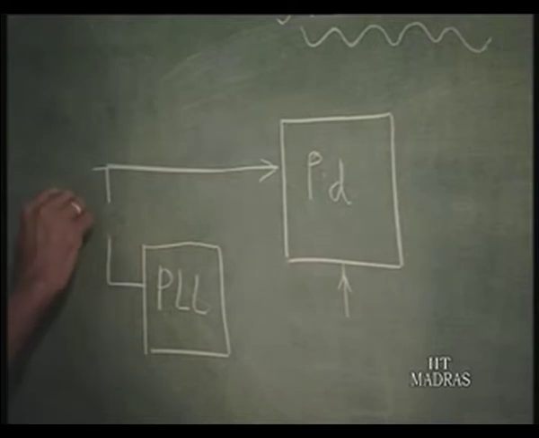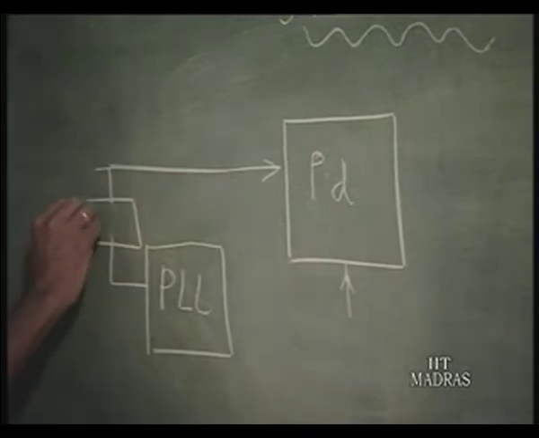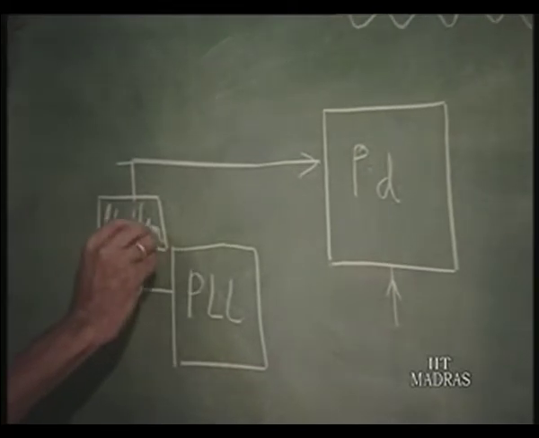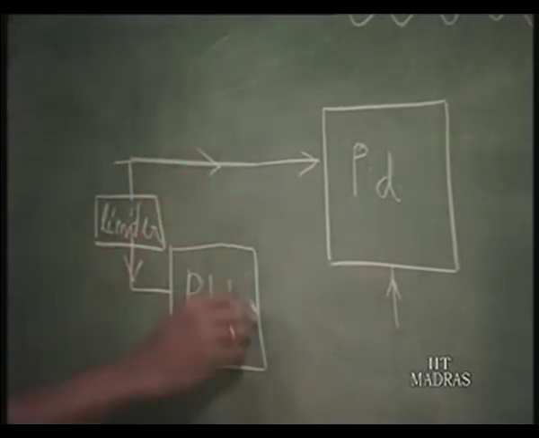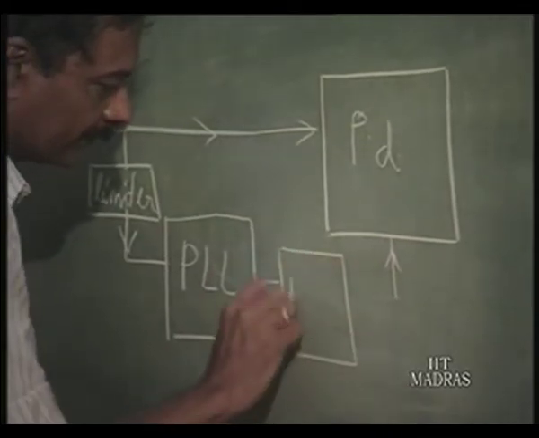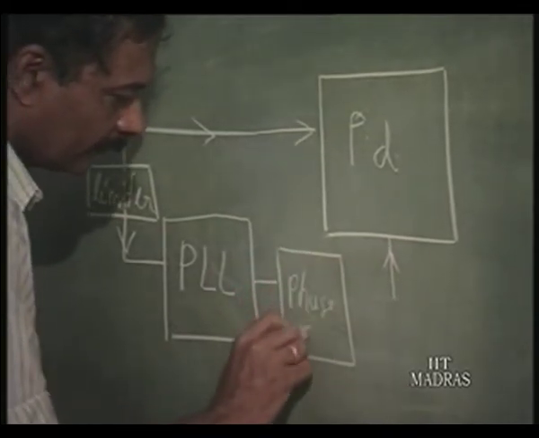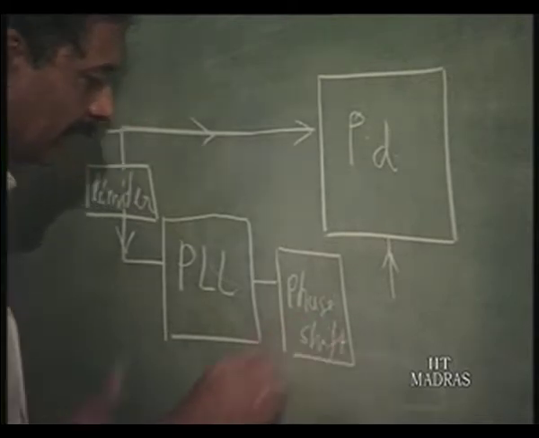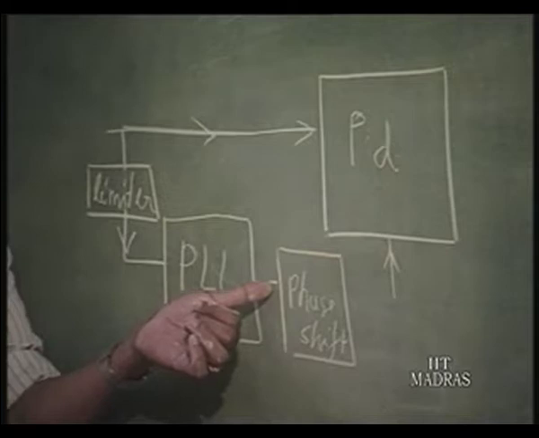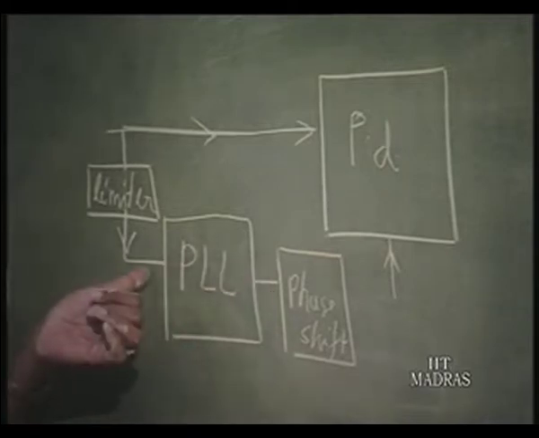Therefore, you have to put a limiter here, and it is fed to this PLL and subjected to another phase shift, because this will generate an output which might be 90° out of phase with this carrier.